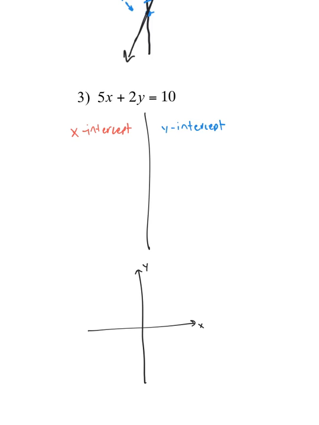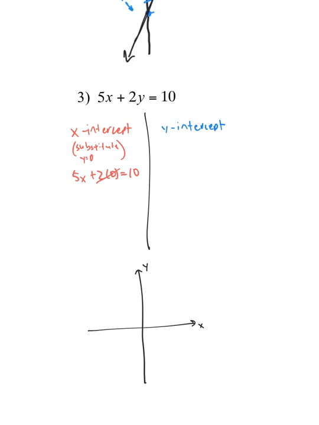That's, again, substitute 0 for y. So that's going to be 5x plus 2, instead of y, we're substituting 0, equals 10. Guys, 2 times 0 is just 0. 5x plus 0 is just going to be 5x.